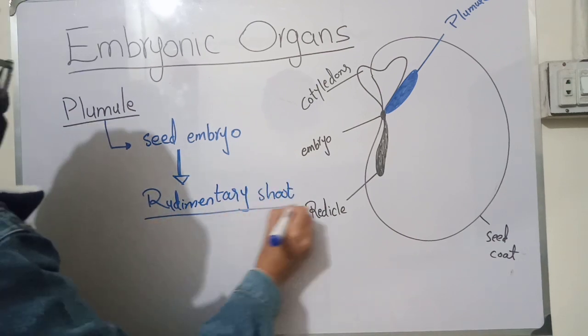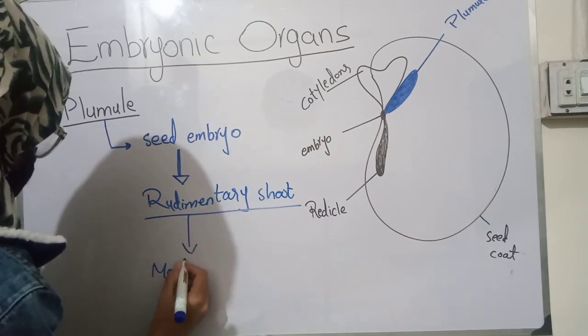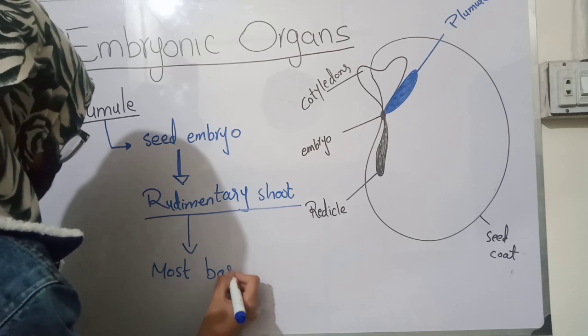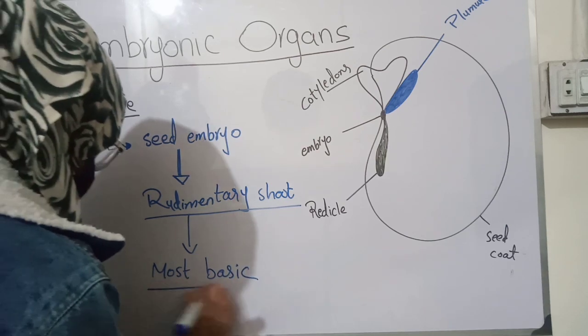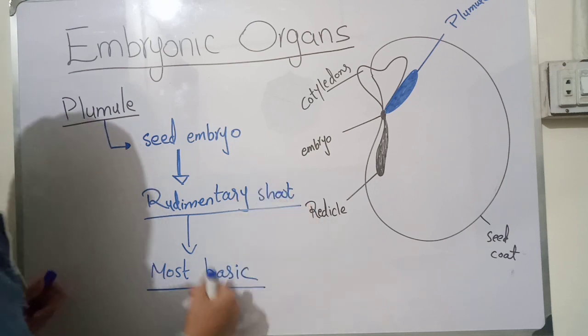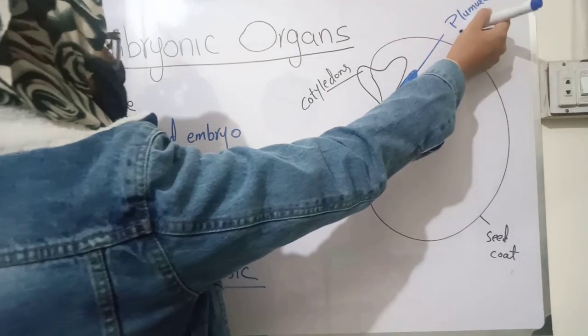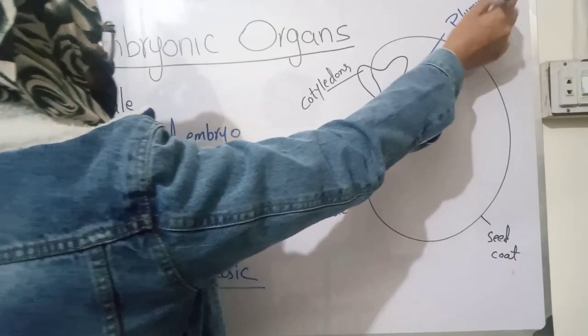Do you know what is meant by the word rudimentary? It means the most basic, the term which starts something, which is the base of something. So the most basic shoot is the plumule. It is the rudimentary shoot.